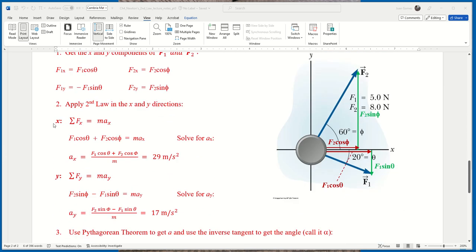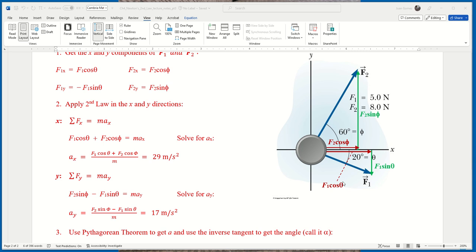Okay, let me do the x direction first. So the sum of the fx's is equal to max. What this means is take all the forces in the x direction and simply add them up, whether or not they're positive or negative. You can have negative terms in the sum, but it just means add them all up. Well, notice both forces in the x direction are positive.